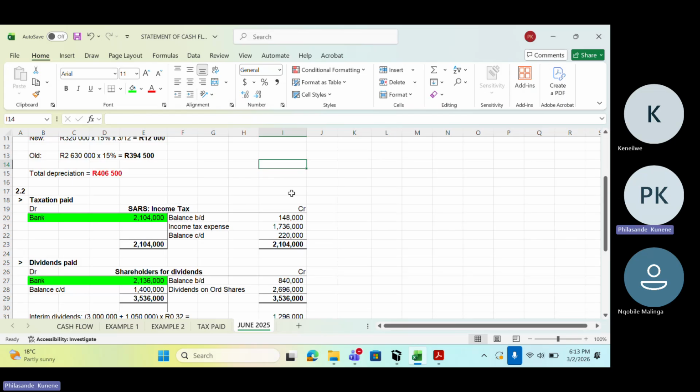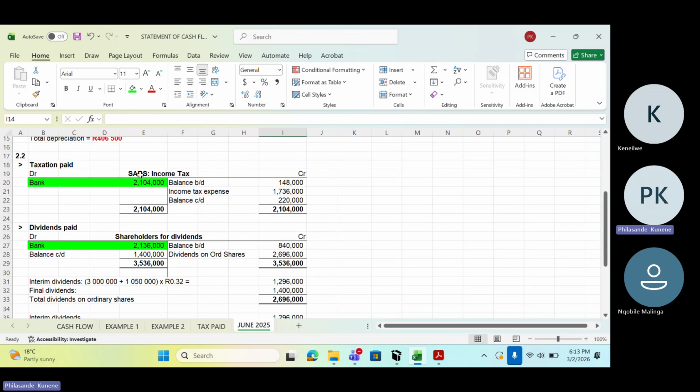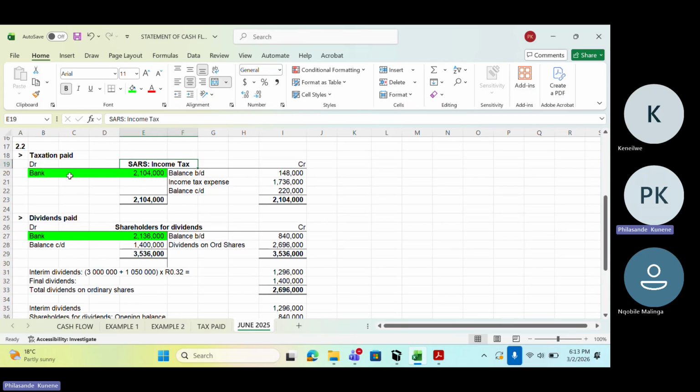Okay, then taxation paid. We did calculate how much tax was paid, and we got the 2,104,000 rands.